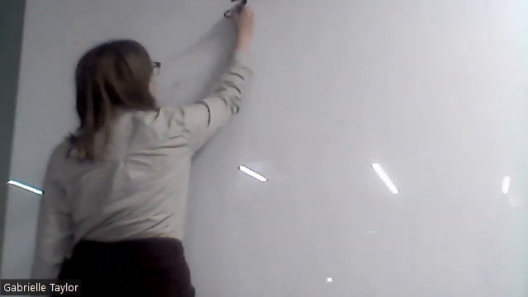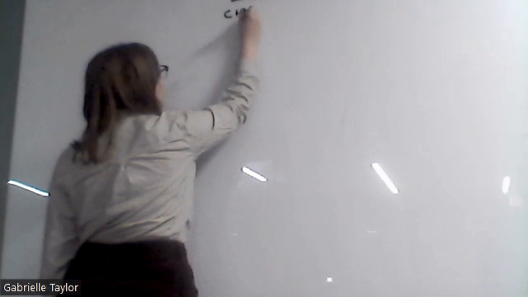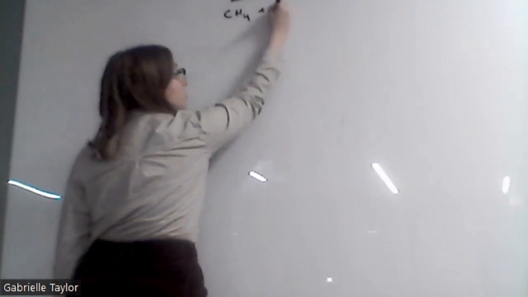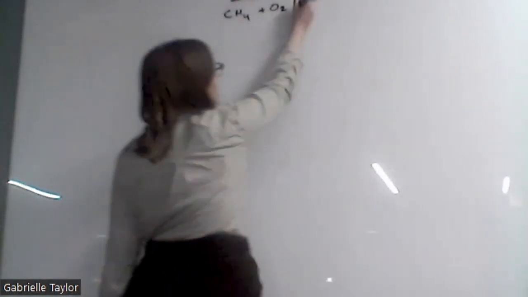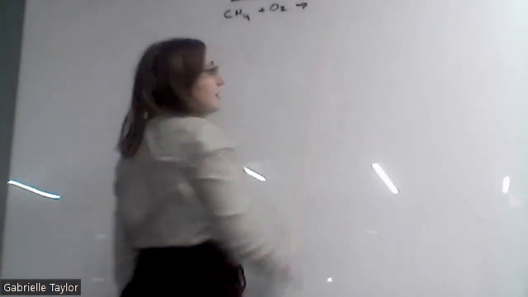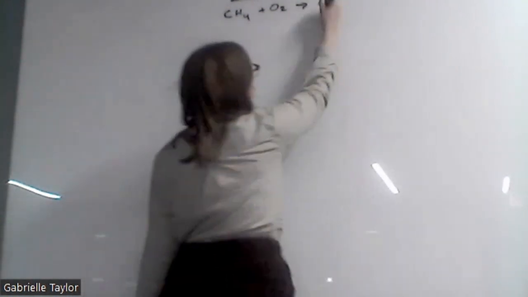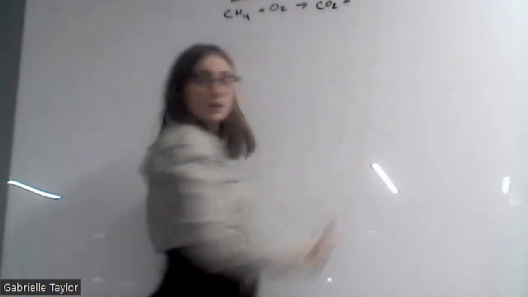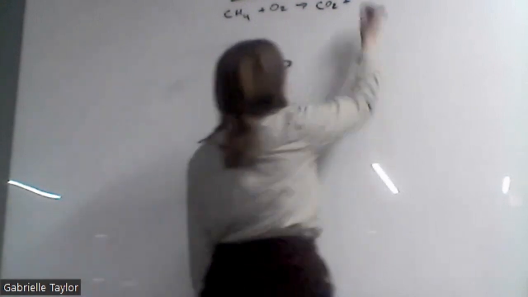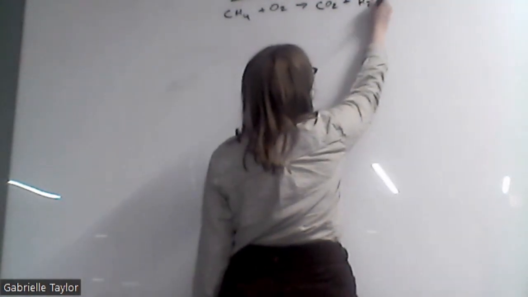Our chemical equation is going to be CH4 plus oxygen, and then this is going into the flame, and then this is going to give us CO2 plus water, H2O.